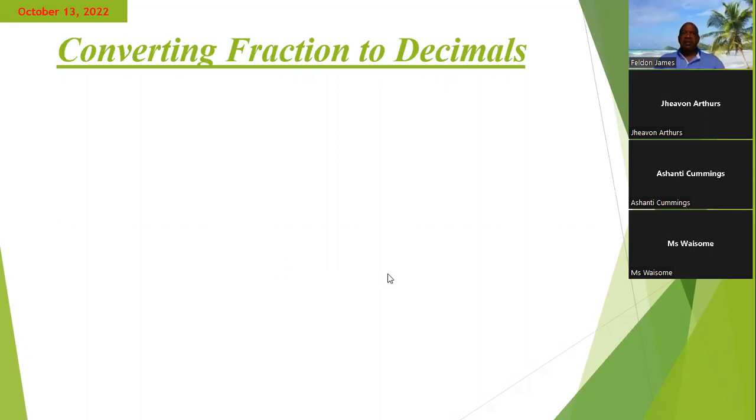All right, so we are continuing on the topic of decimals. Now, we may have done some conversion of decimals to fractions. Can anybody recall that?